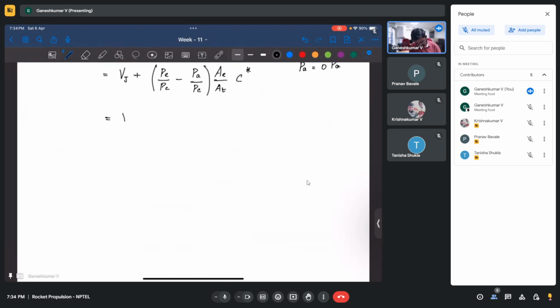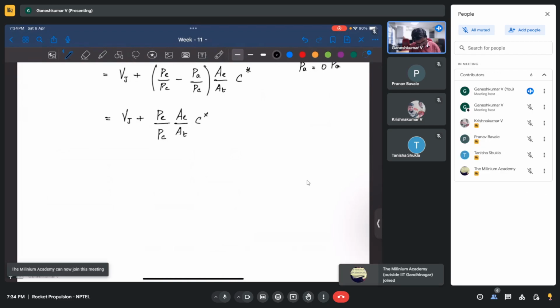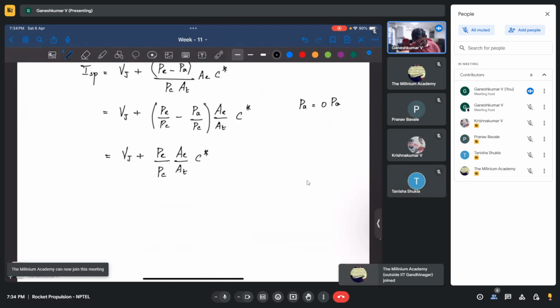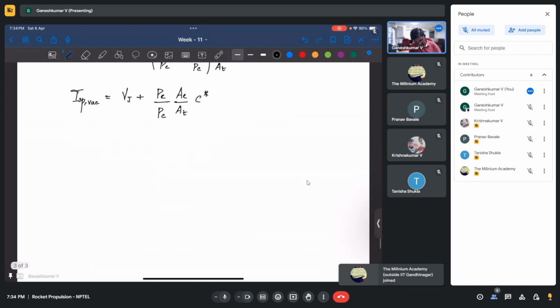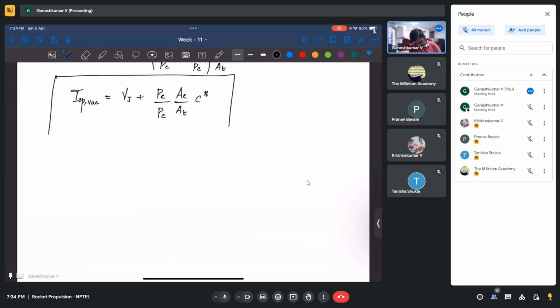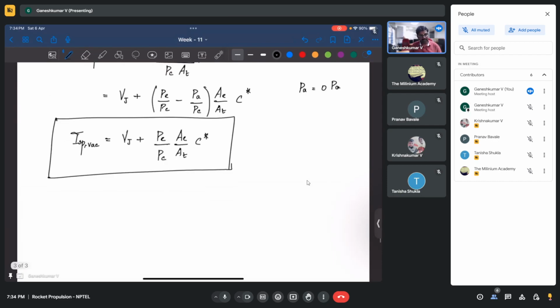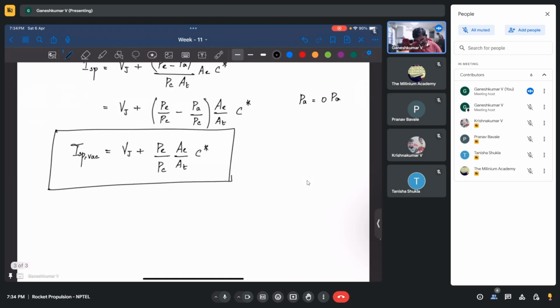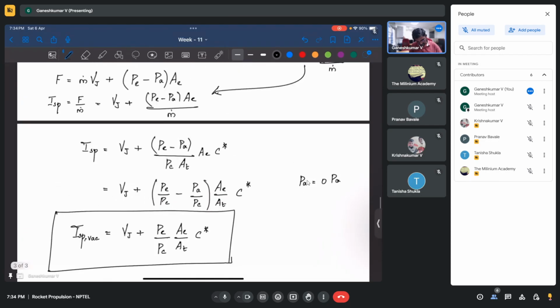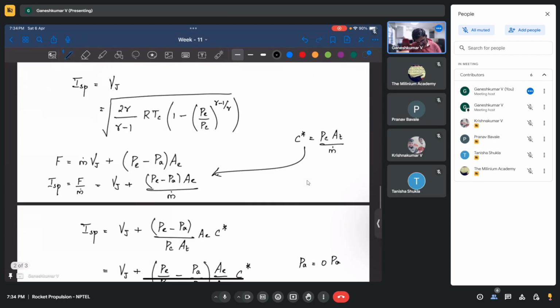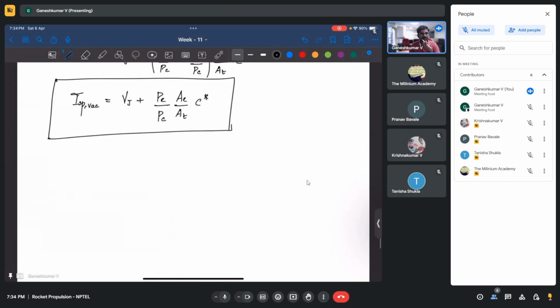So this will become Vj plus PE by PC, AE by AT, into C star. This is going to be ISP at vacuum conditions. Vj, as Pranav said, we can use this formula, and this will have Tc, and the C star formula will also have Tc.